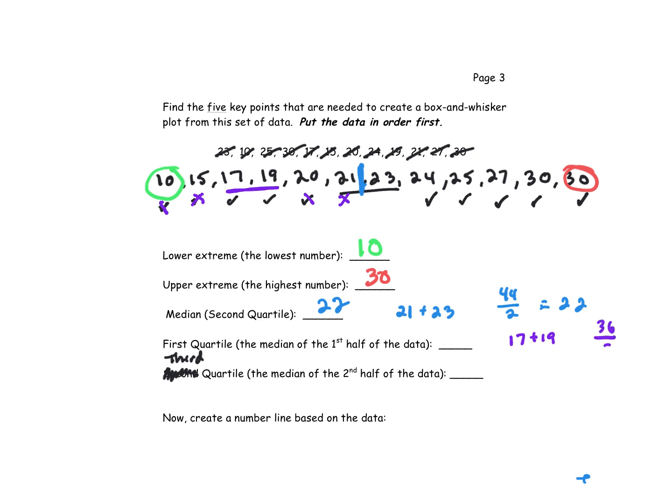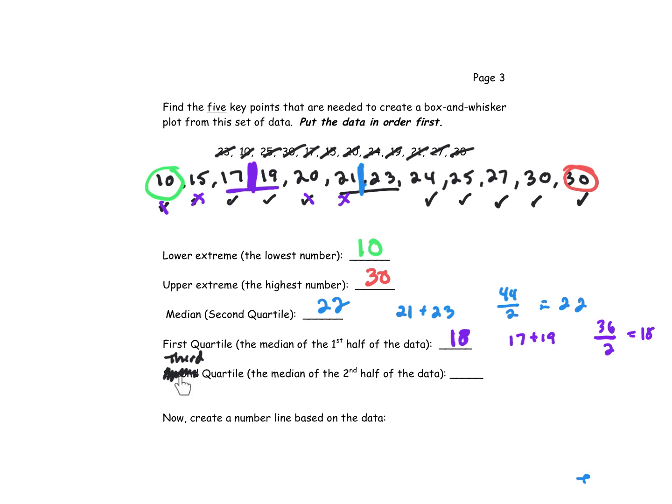And then we're going to divide 36 by 2, which is going to give us 18. So 18 is the center between 17 and 19, and that will be our first quartile point.